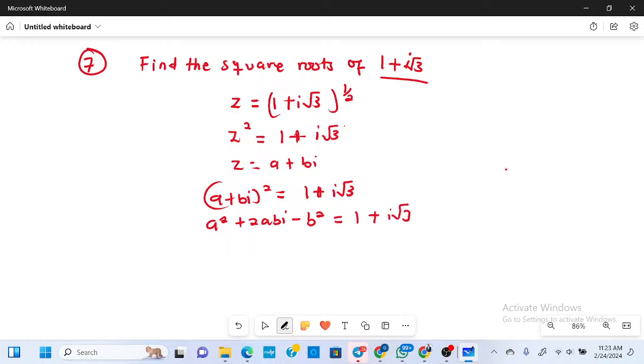So I'll have a squared minus b squared equal to 1, and 2abi equal to square root of 3 i. Then we can call this equation 1, this equation 2. So at this point, I can divide through by i and I'll have 2ab equal to root 3.